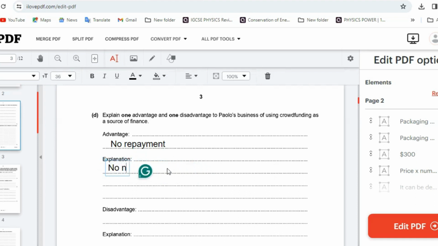It does not add to its liabilities or debt.